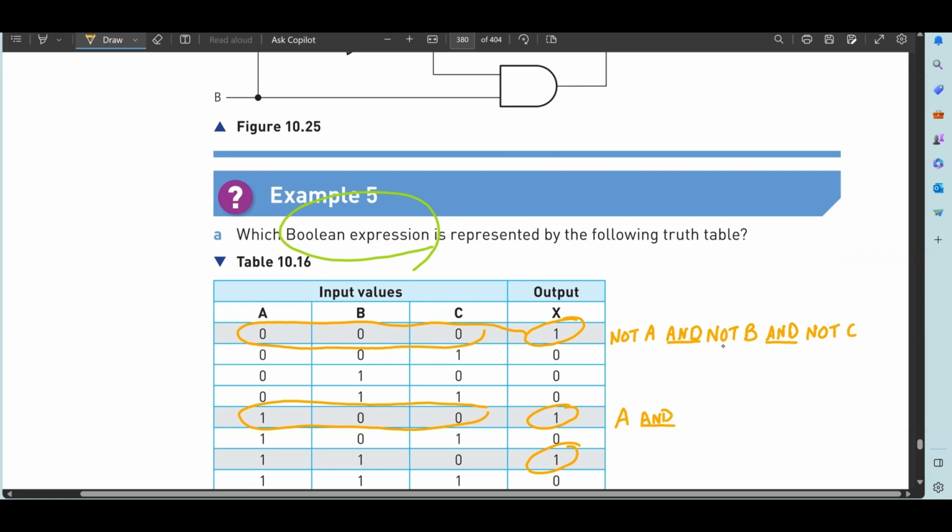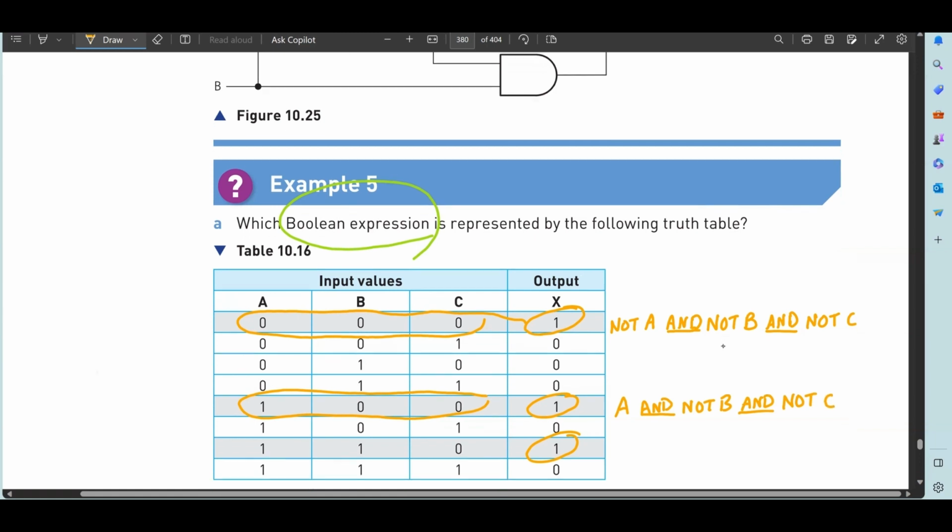Any confusion on A and not B? No, sir. Have you done this category of question before? I think we have. We covered all of the chapter.